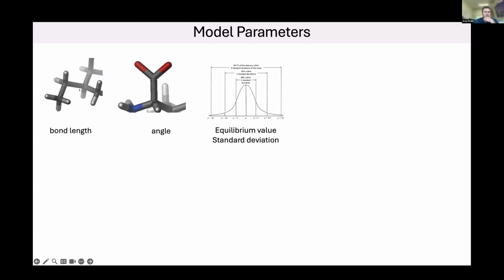From various high resolution structures, we've developed statistical models of what an ideal bond length and an ideal bond angle are for different types of atoms. Then we have an equilibrium value and some standard deviation around that value. When we refine a model, we try to make them as close to the equilibrium value as possible.